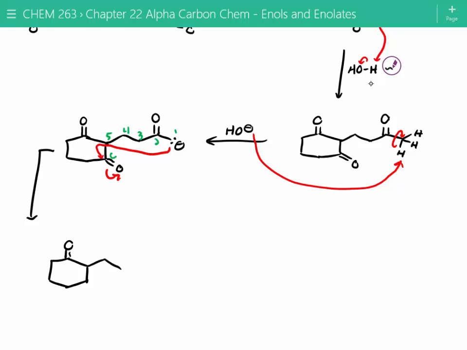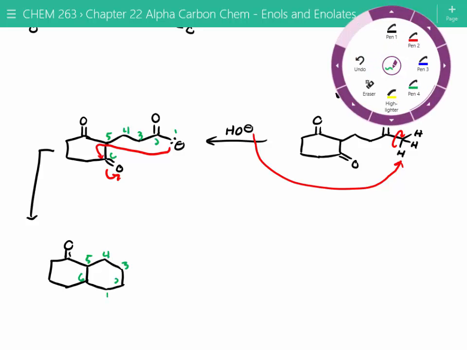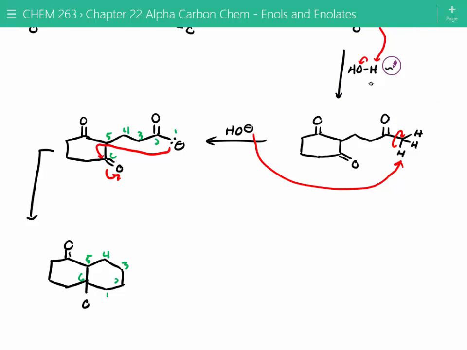So let's see. I'm going to number this before we start adding substituents on. We've got 5 and 6 right here, and then 4, 3, 2, and 1. And so off of that 6th position, we've got our enol, or our alkoxide, I should say. Our 2 position, we still have our ketone.